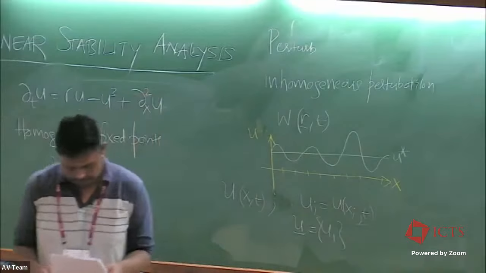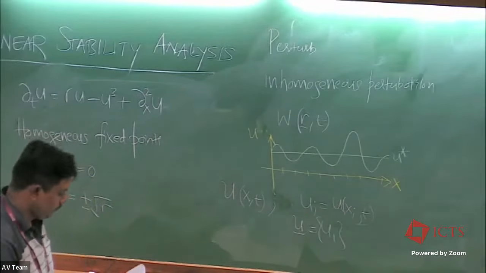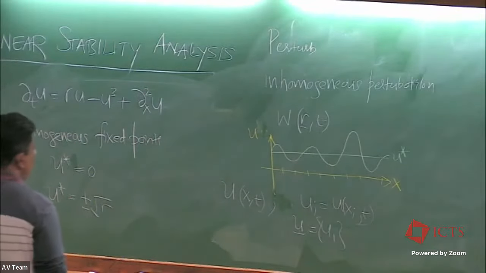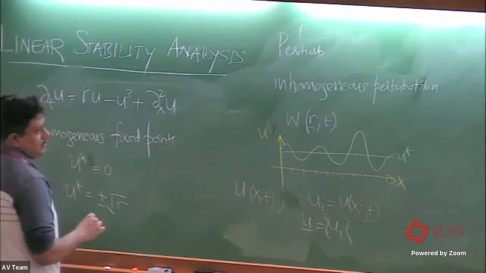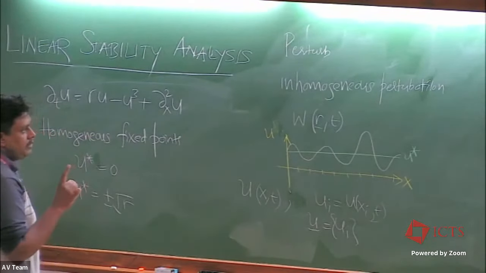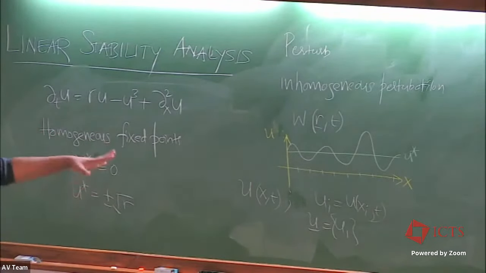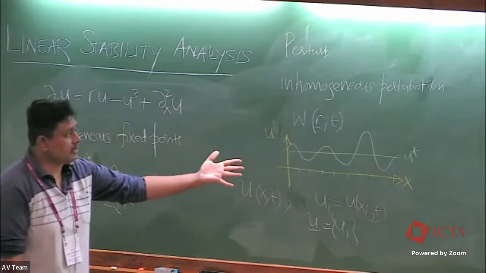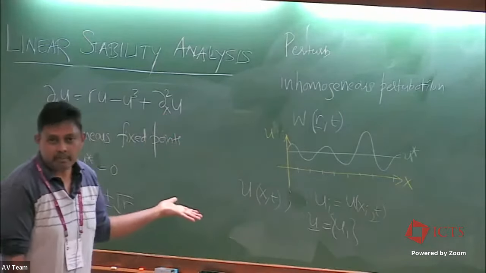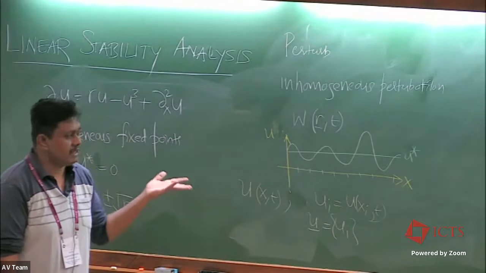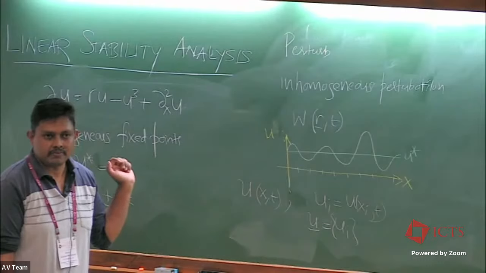Fine? And so therefore, I want the system to be stable against any arbitrary perturbation. And that's when I'll say the homogeneous state is stable. If it turns out that there are inhomogeneous perturbations which will destabilize the homogeneous state, well, very likely there's going to be a pattern.